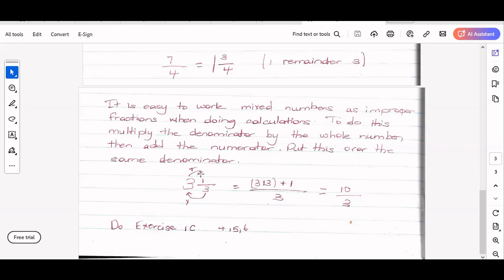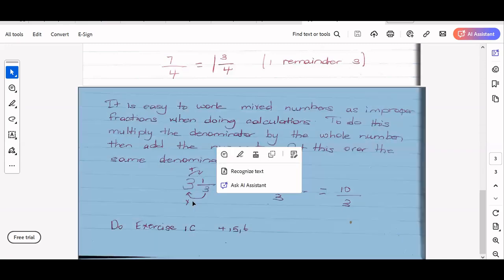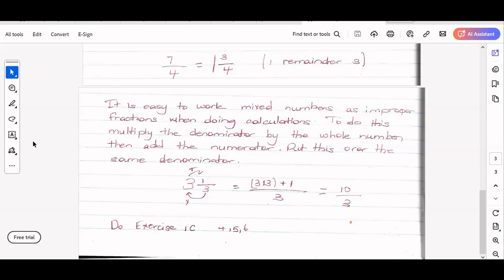Now, there are rules. We know that the denominator is going to be 3, right? In this case, for 3 1/3. We know that the denominator is going to be 3. So we can put the 3 as our denominator one time. So the first thing to do is multiply the denominator by the whole number, right?